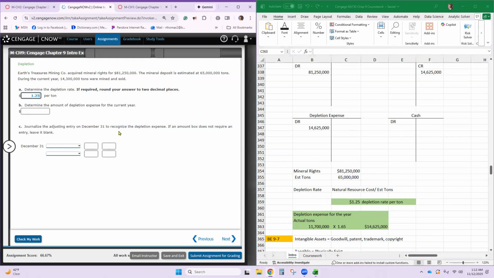Every time we extract a ton, we depleted our mineral rights by $1.25. So the first year, we depleted 14,300,000 tons at $1.25.